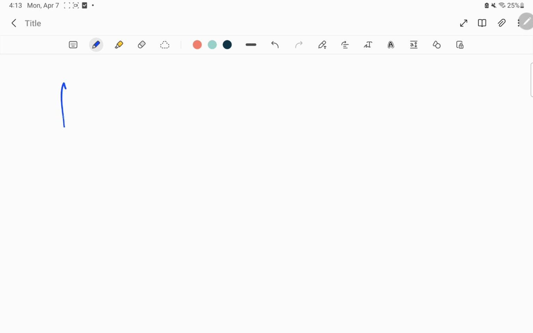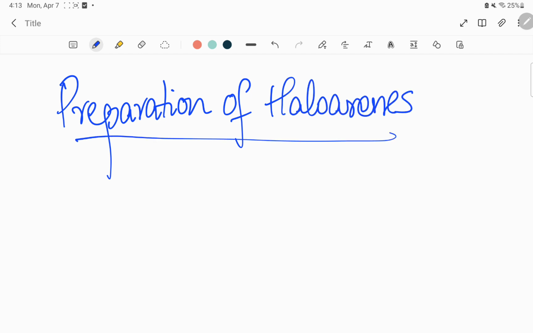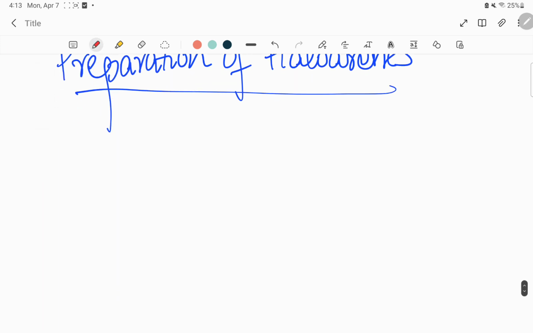So now we can discuss preparation of haloarenes. For preparation of haloarenes, we can prepare haloarenes from benzene and its derivatives.